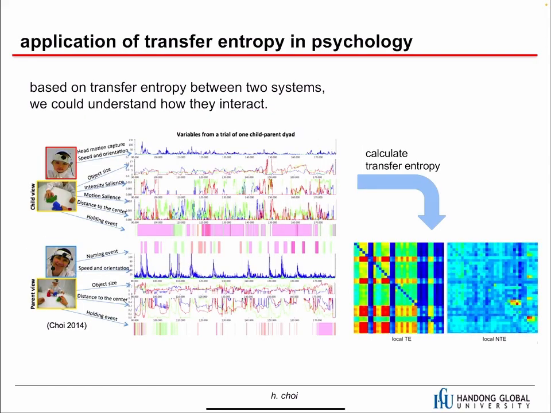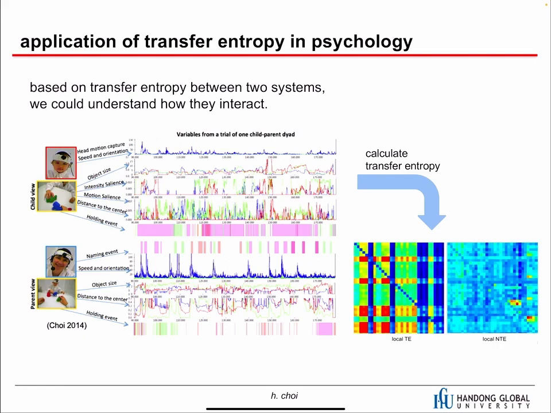And by transfer entropy, we could actually measure the information flow between many different variables. This is one application that I have worked on. We measure lots of variables. We have eye tracking, and we have motion capturing, etc. So we have a lot of variables.